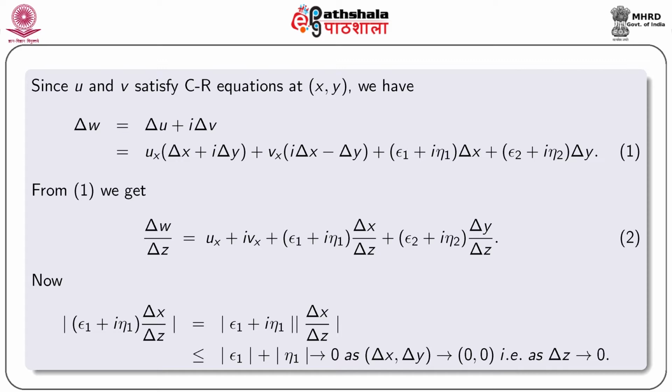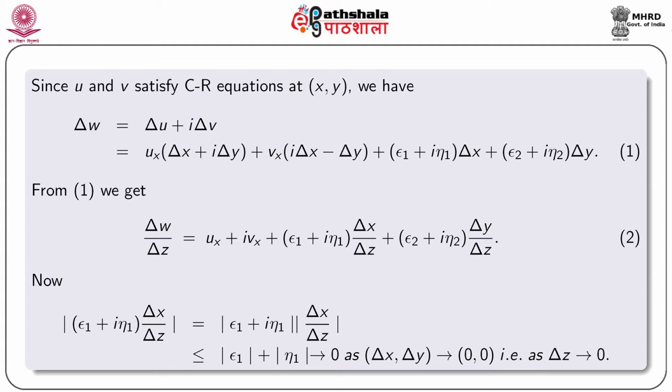By simple calculation and by using the Cauchy-Riemann equations, we get del w equal to u_x into (del x plus i del y) plus v_x into (i del x minus del y) plus (epsilon 1 plus i eta 1) into del x plus (epsilon 2 plus i eta 2) into del y. This is equation number 1.